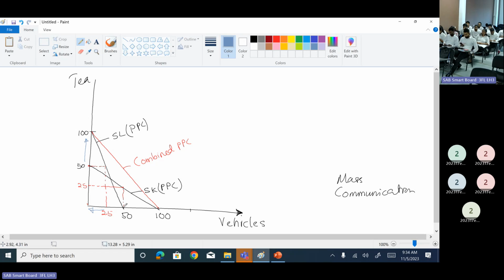Currently producing 50, with this specialization they increase the vehicle production by 50 units, and they reduce the tea production to zero. We talk about 100% specialization.